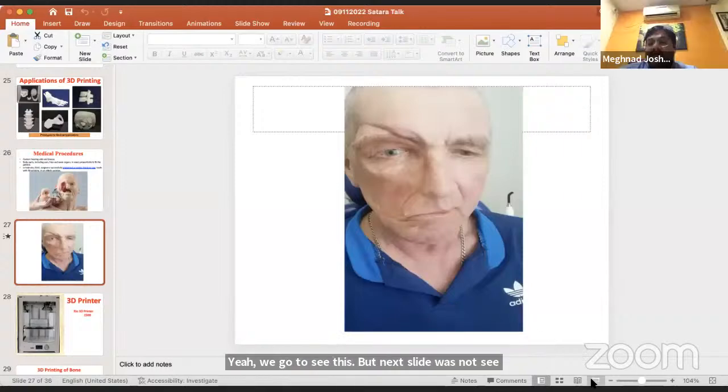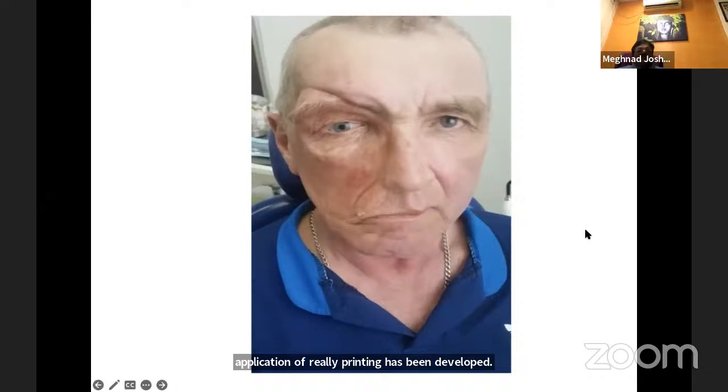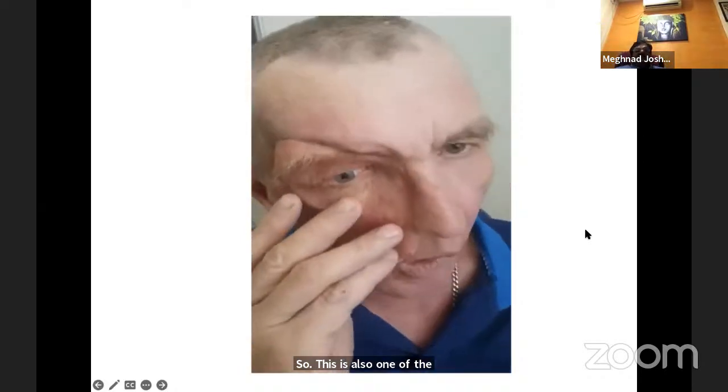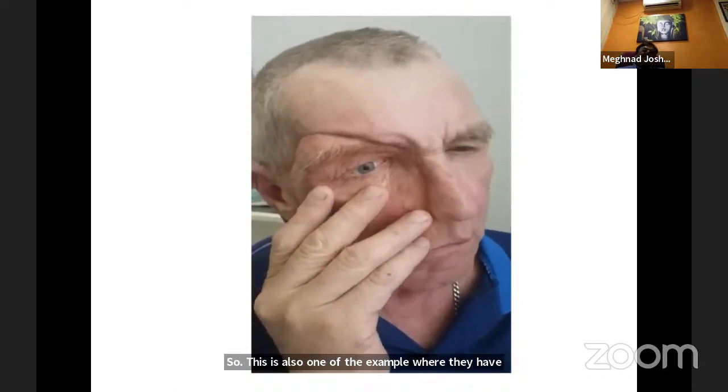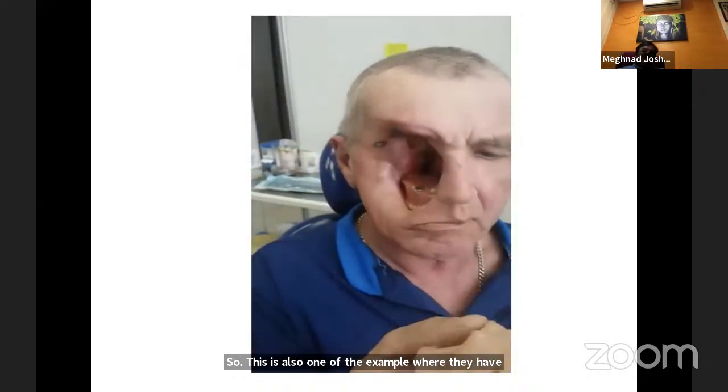Okay, I will start again. So this is how the medical application of 3D printing has been developed. This is also one of the examples where they have synthesized a silicone-based implant which exactly fits the patient's face.